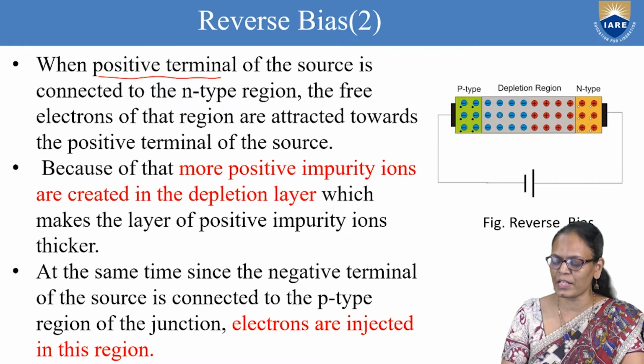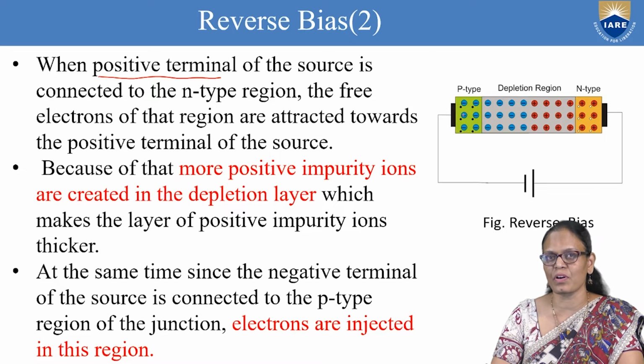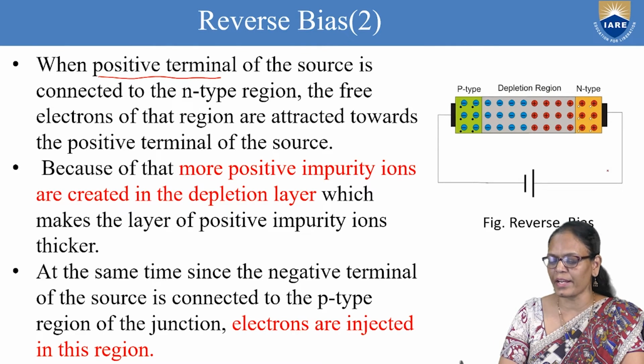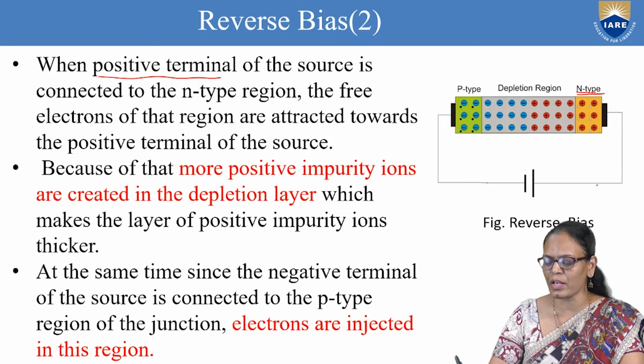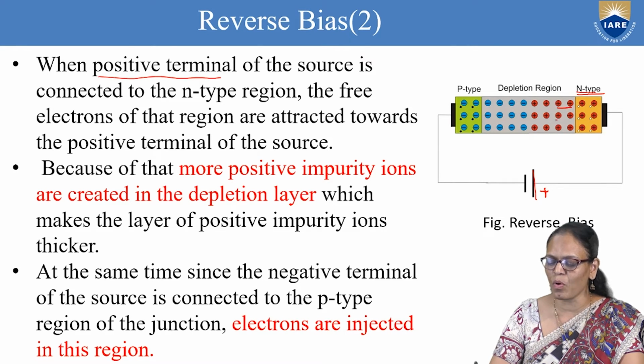In N-type, we have more electrons, so these electrons will get attracted towards the positive side. Because of that, more and more electrons are attracted, and there are more and more positive ions. If you can see in the figure, it clearly shows that more and more.